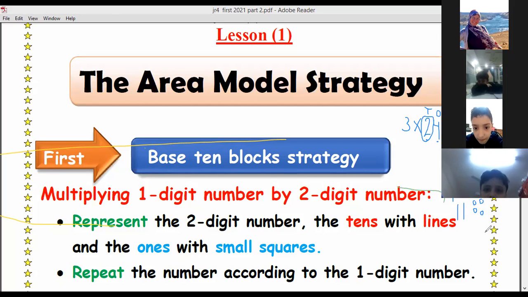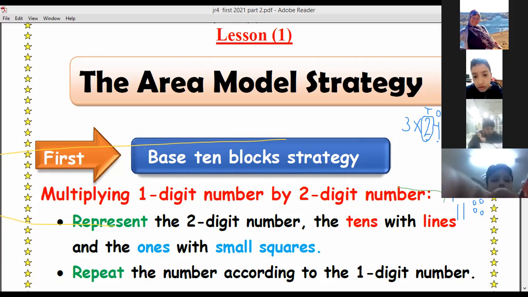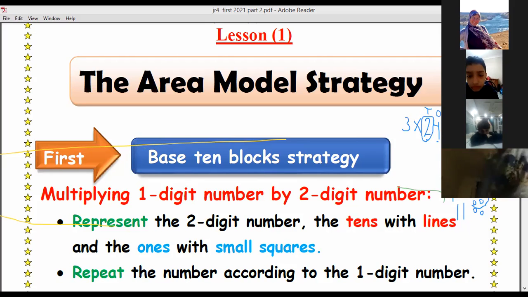Now I draw how many in tens and how many in ones. We're gonna collect them together. So I have here how many in ones? I have 12. 1, 2, 3, 4, 5, 6, 7, 8, 9, 10. Now I have 10 squares. When I have 10 ones, that means you have how many in tens, junior 4? That means I have 1 stick. So now this 10 equals 1 in tens.